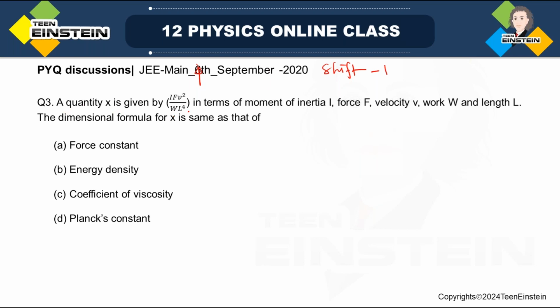A quantity x is given by this. So x is given as I f v square divided by w l to the power 4.